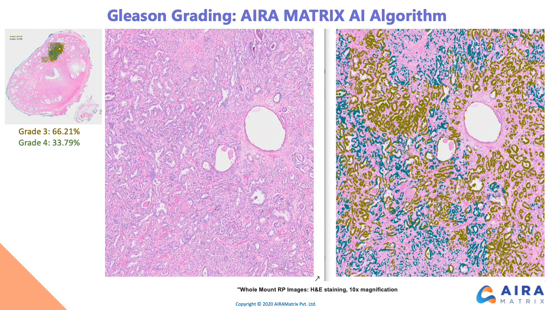The illustration here shows another example of Gleason's grading output at a higher magnification of 10x. As can be seen, approximately 66% of the tumor region was identified as Gleason grade 3 and the rest 34% was identified as Gleason grade 4.